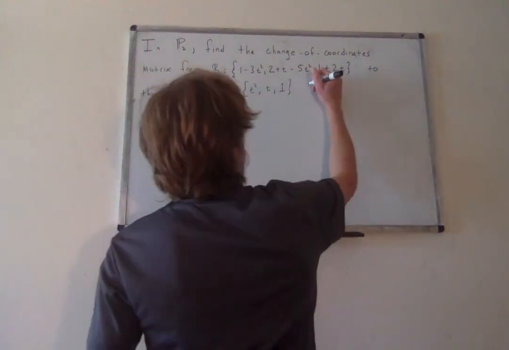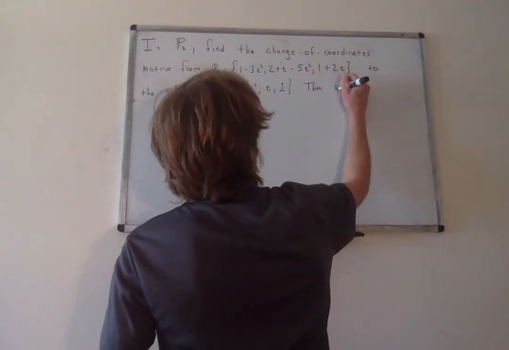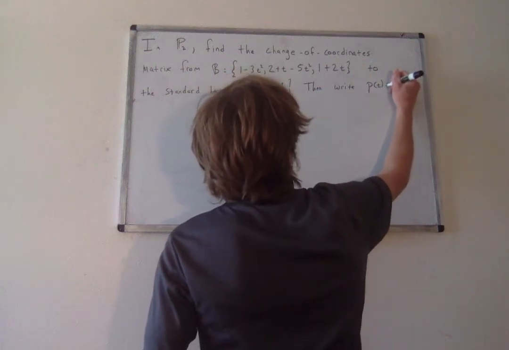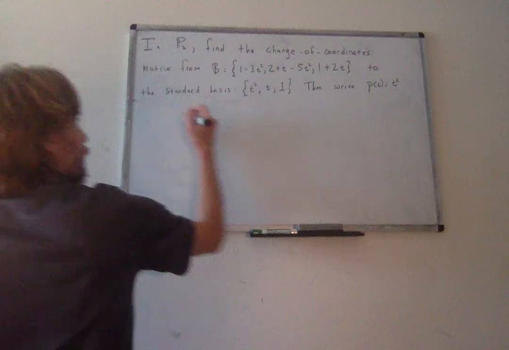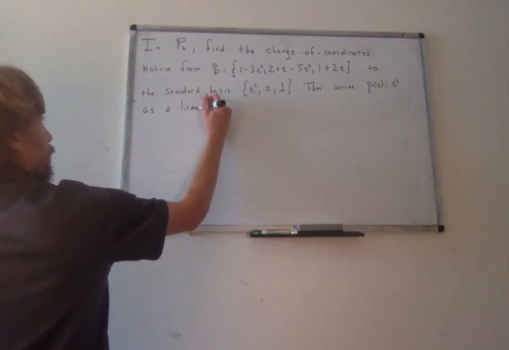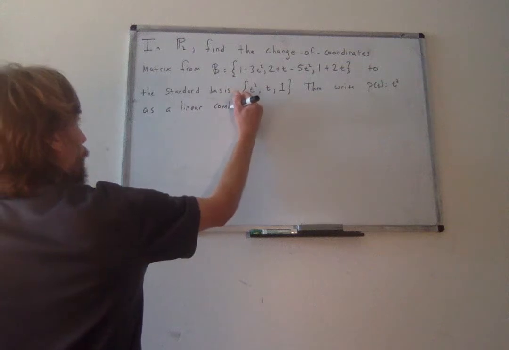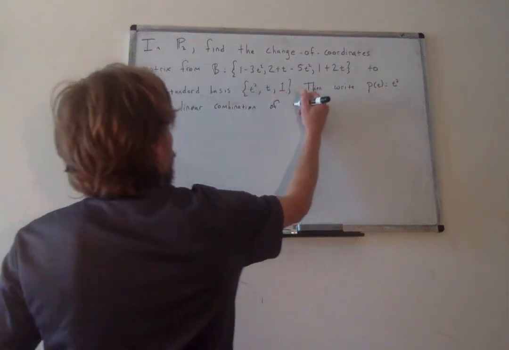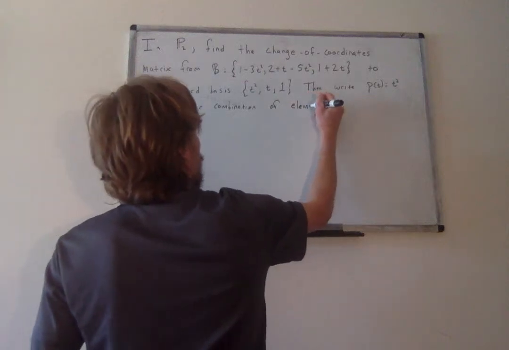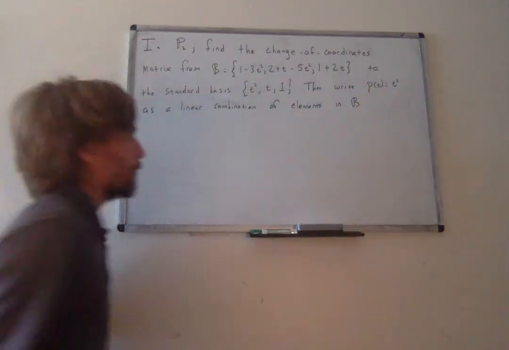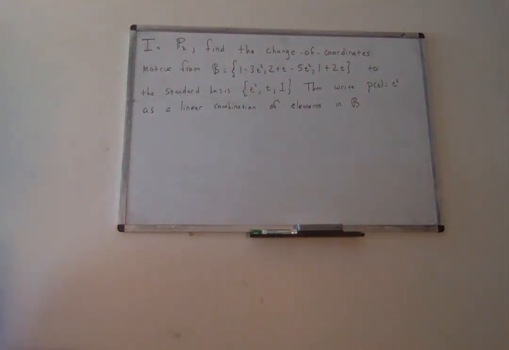And then we want to write the polynomial p of t equal to t squared as a linear combination of elements in B.